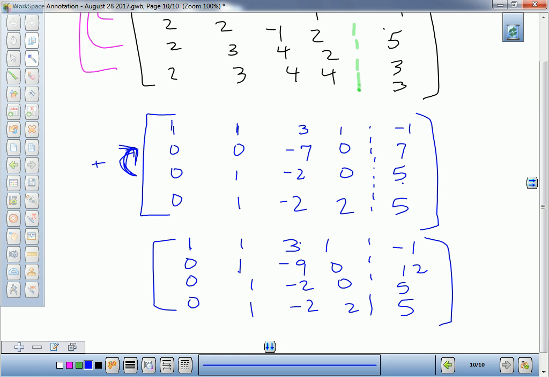Negative 6 plus 4 is negative 2, and then 0, and then 5. Negative 2 times negative 1 is positive 2, plus 3 is 5. Then negative 2 plus 2 is 0, negative 2 plus 3 is 1, negative 6 plus 4 is negative 2, negative 2 plus 4 is 2, and then 5.